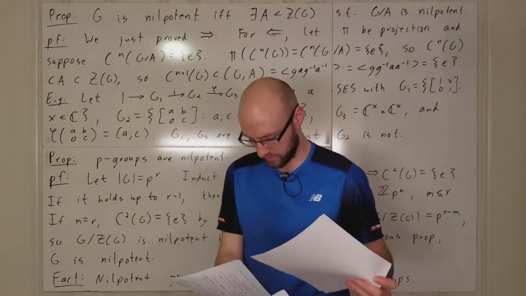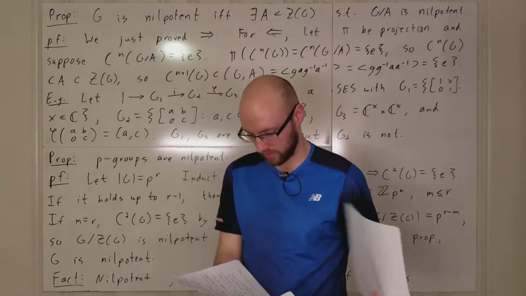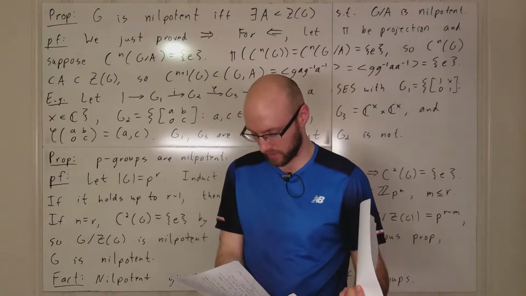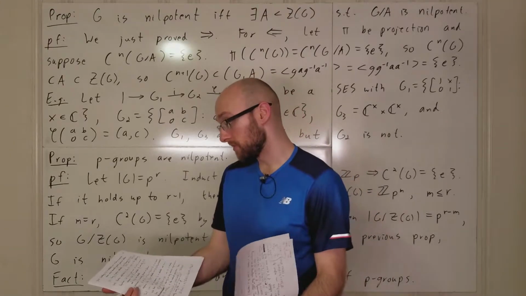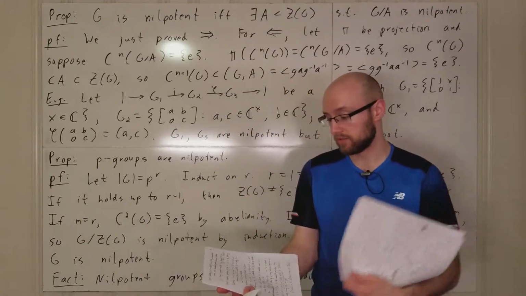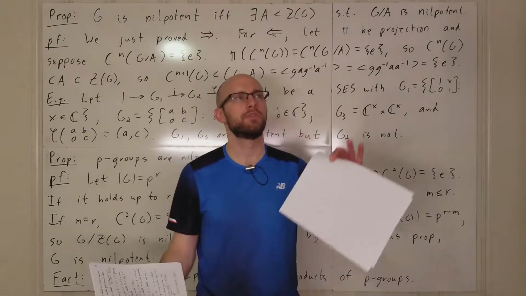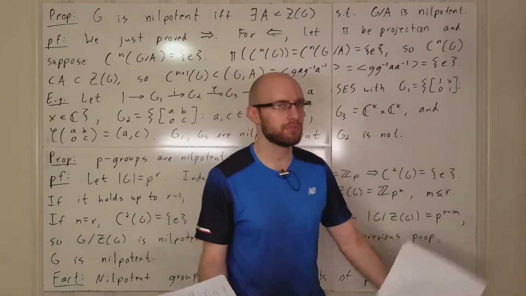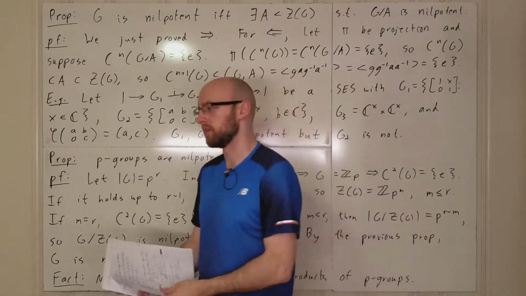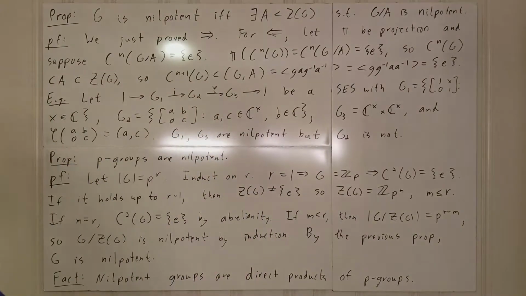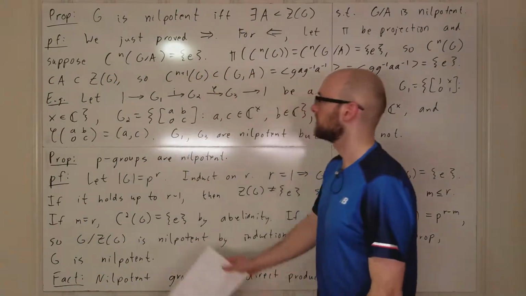Let me just remember how exactly that goes. Right, if you have a normal subgroup of a group, then the group is solvable if and only if both the normal subgroup and the quotient are solvable. That is not true in the case of nilpotent groups, because you can look at this example.